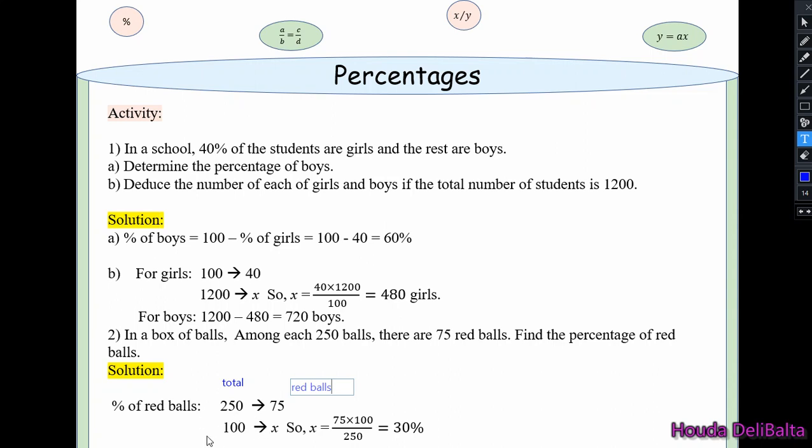What is the percentage? Then I should write 100 under the total. I have to represent it by x. Now cross multiplying, I will get 75 times 100 divided by 250, and the percentage is 30%. So I have 30% out of the total that are only red balls.